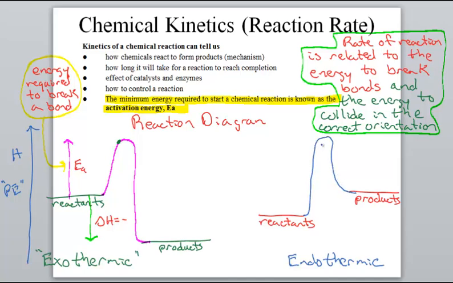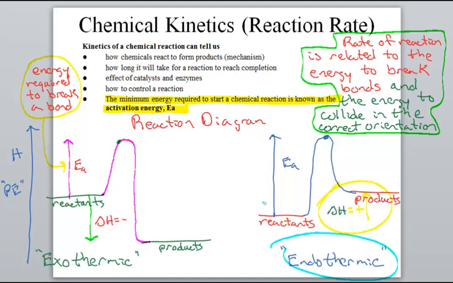The activation energy, that peak up here, is always above the final products. So from here down to there, that's our activation energy. Our delta H would be between the reactants and products, and in this case it would be a positive value. In an endothermic reaction, more energy is required to break the bonds than energy is released when bonds are made.